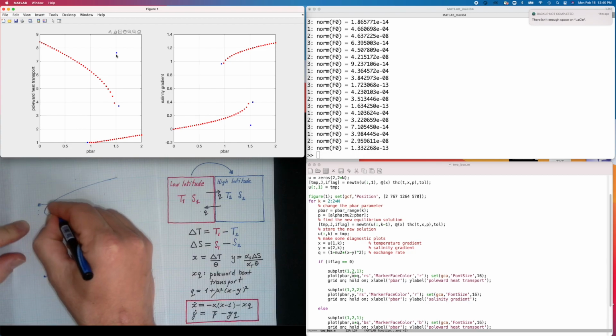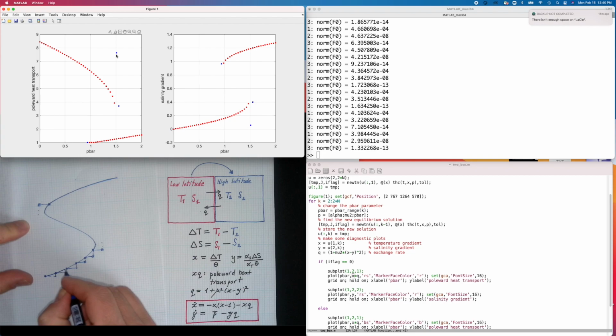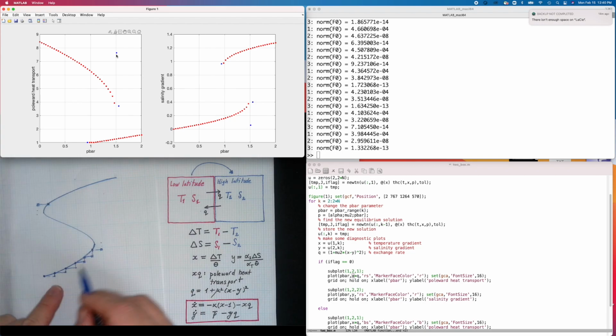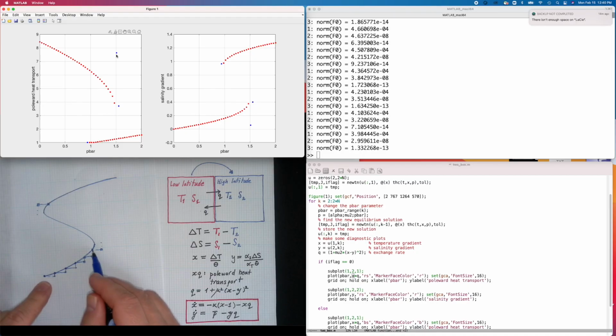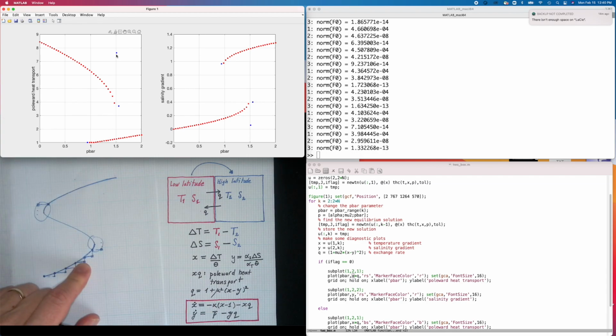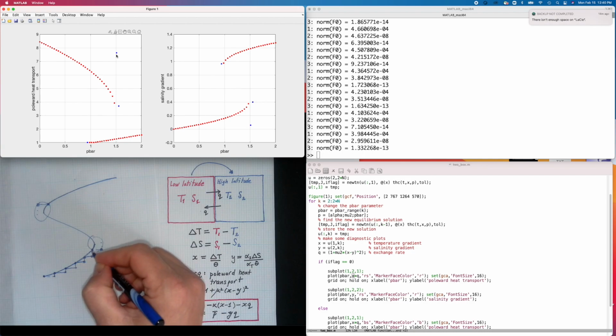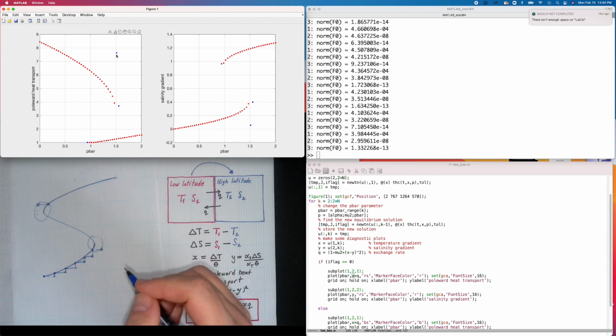So it seems that this method we were using, Newton's method with the previous solution as an initial guess for a new problem in which we slightly perturb p bar, kind of works, but it may break down in these neighborhoods of bifurcation points, where the solution goes from having one equilibrium to more than one equilibrium.